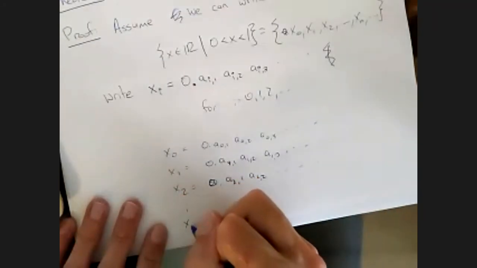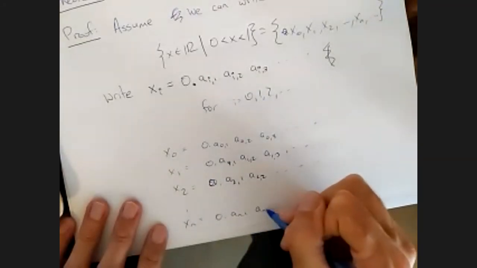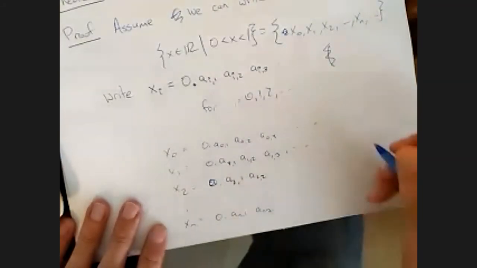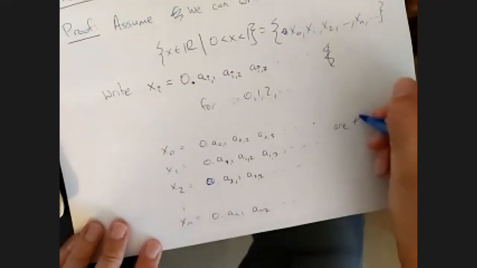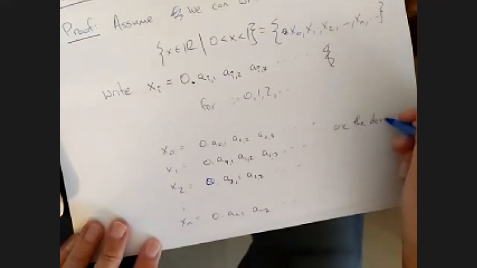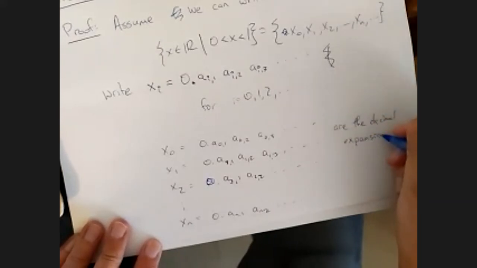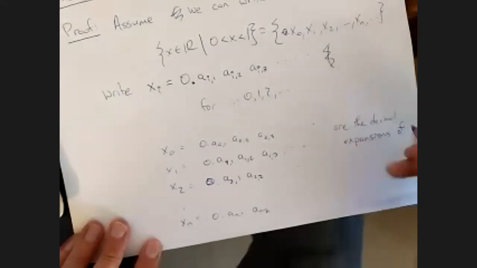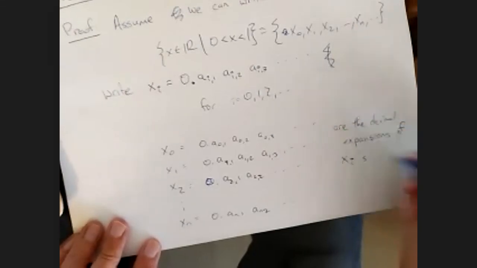And then xn is 0.An1, An2, and so on. These are the decimal expansions of the xi's.